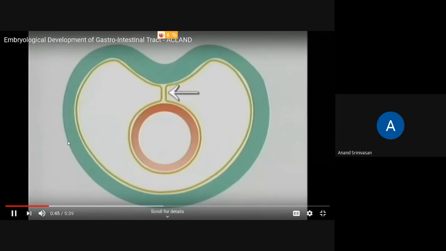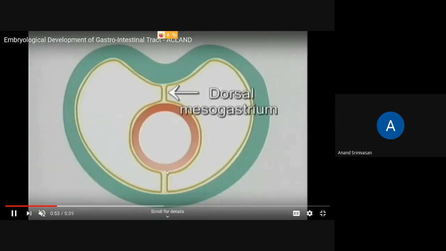But the foregut is different. It is also attached in the front.